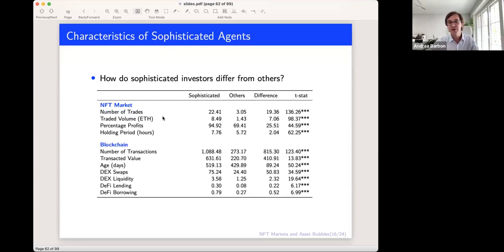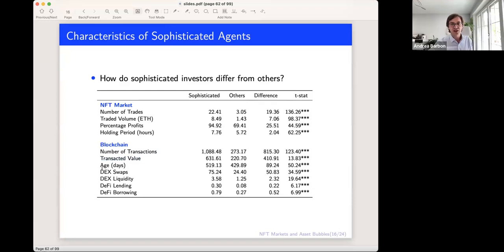And then what if we look at the other transactions that they make on the blockchain outside of the NFT market? We can see that the total number of transactions they make on the Ethereum blockchain is much higher than the other people. We have more than 1,000 transactions per user versus 270. Also, the value attached to those transactions is higher.